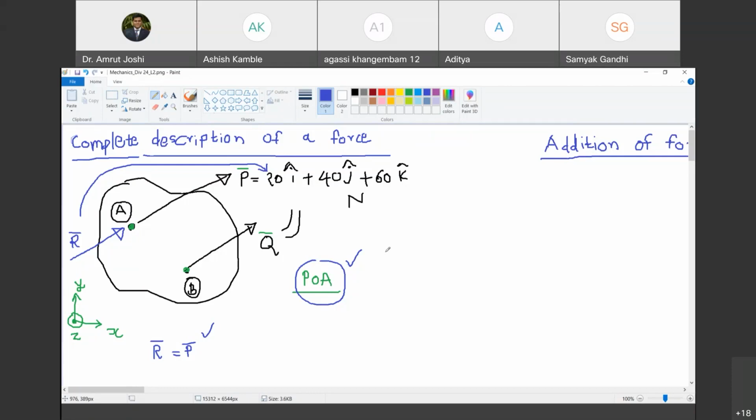Yes, sir. So first of all, you need to specify 20 I cap plus 40 J cap plus 60 K cap. That is the first thing. Second, you need to specify the point of application of a force, and you also need to specify the sense of a force towards the point of application. Do you agree with me?